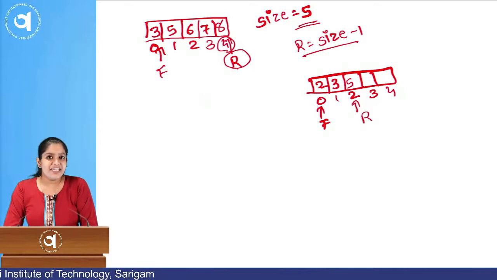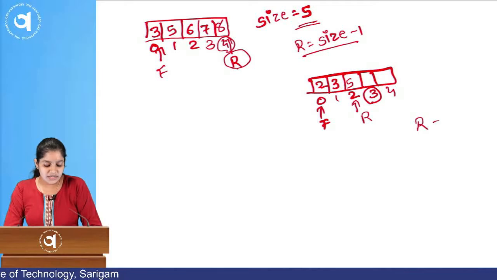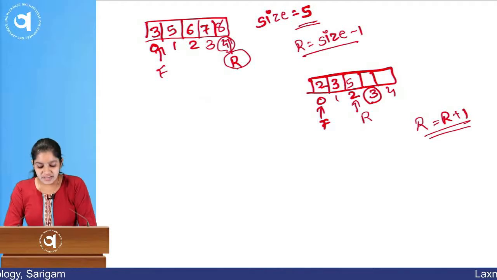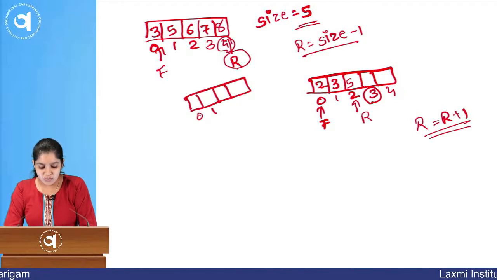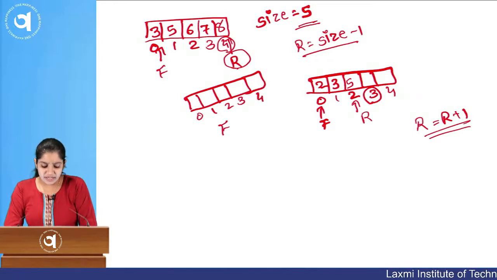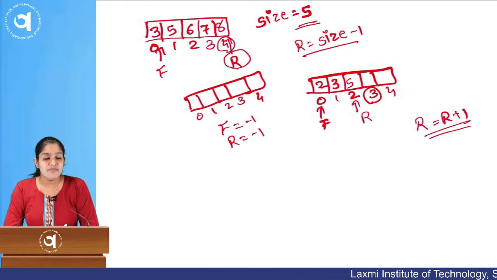So, to insert any data I can insert at this position only, and for that we simply do r is equal to r plus 1, that is, increment my rear, right. But for the very first scenario when my queue is empty, so this is 0, 1, 2, 3 and one more, 4, right. The initial condition is my front is pointing to minus 1 and rear is pointing to minus 1, that means we can say my queue is empty.